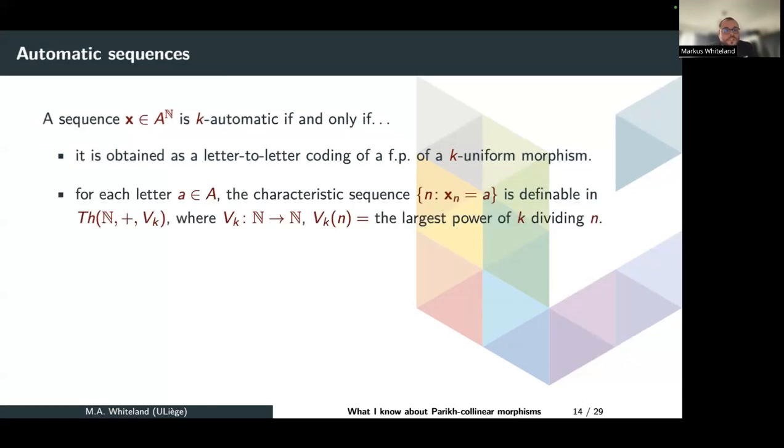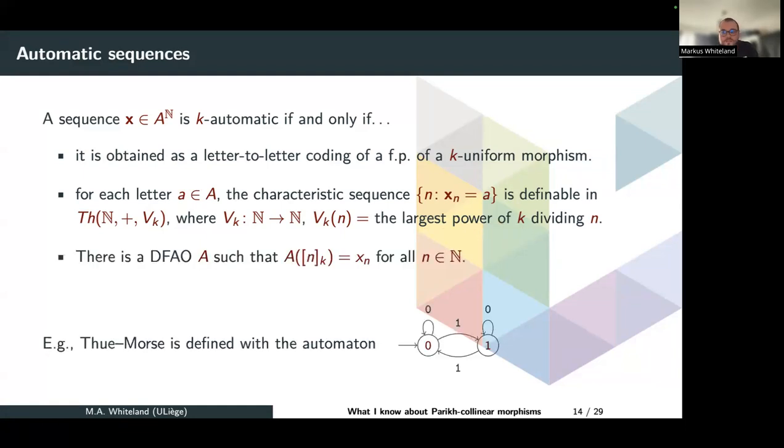Another definition is that if you take any letter a appearing in the alphabet, then the characteristic sequence of the positions of this letter a in your infinite word x is definable in the first order theory of the naturals with addition and this function V_k, which for n gives you the largest power of k that divides n.